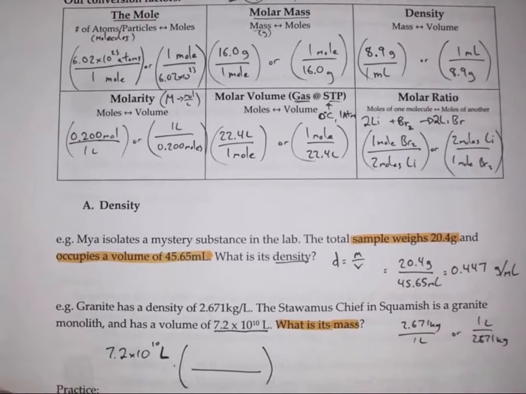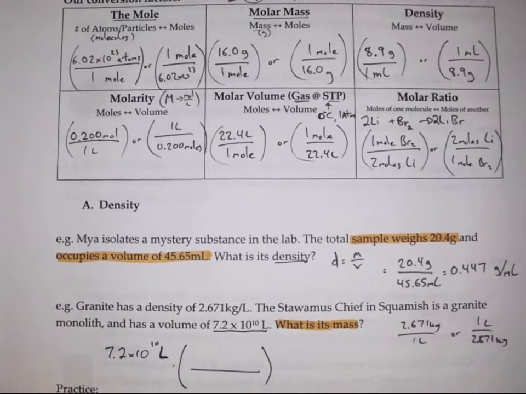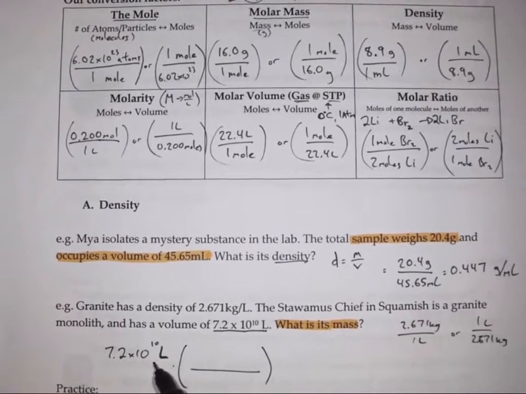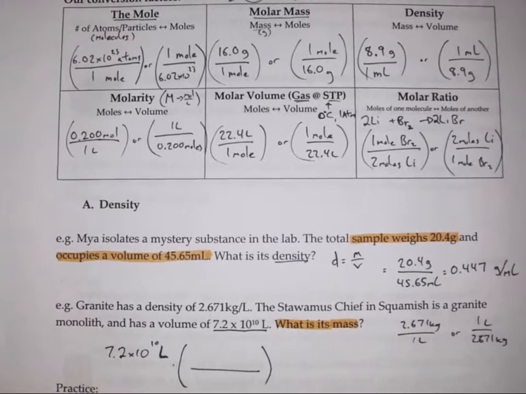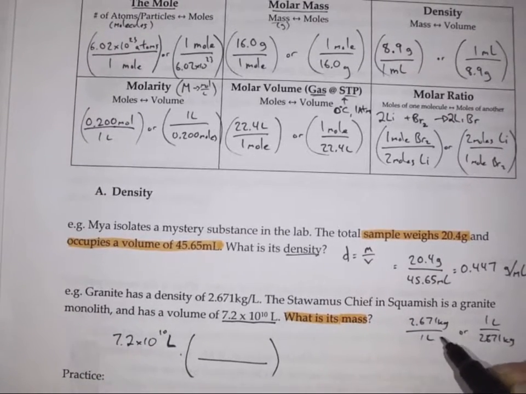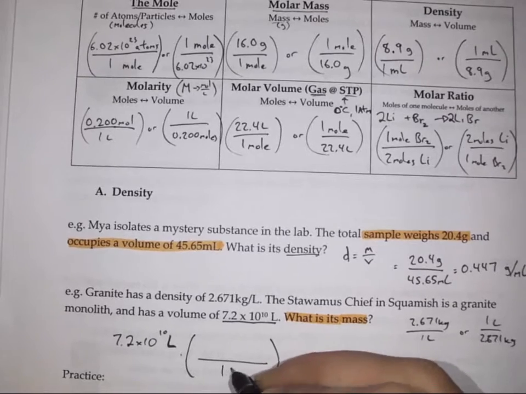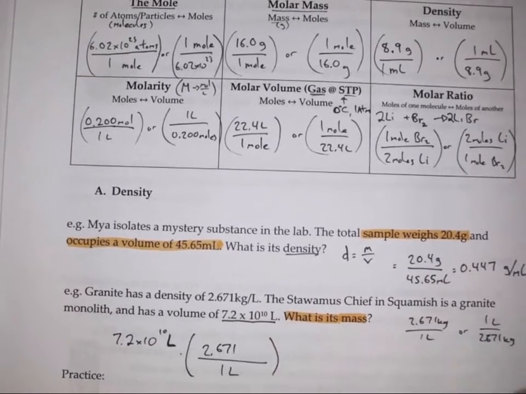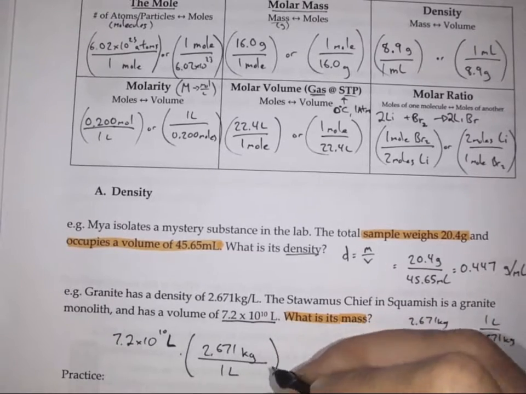So we're going to choose which one is appropriate in this place. And in this case, we want the units of liters to cancel out, and that occurs when another liter is placed diagonally below it. And so we're going to choose this conversion factor, which puts 1 liter on the bottom, and the 2.671 kilograms on the top.